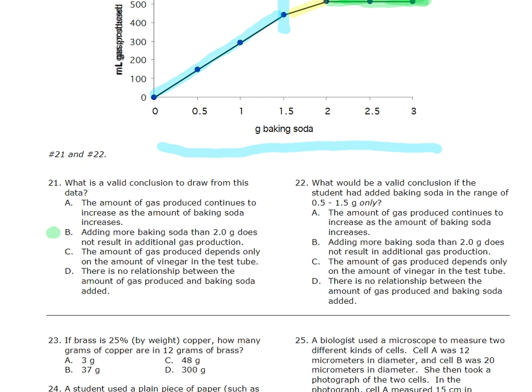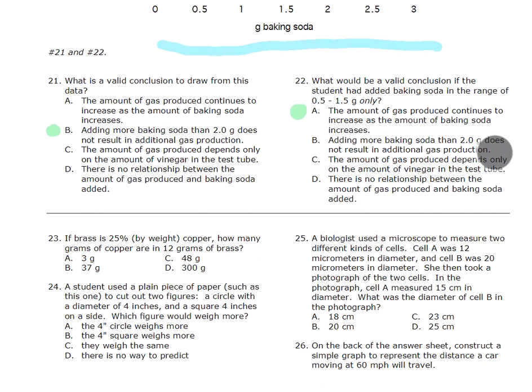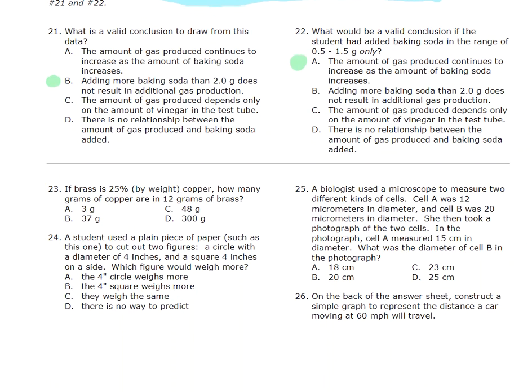What would be a valid conclusion if the student had added only between 0.5 and 1.5 grams of baking soda? And so then we could go back and make that conclusion A, that the amount of gas produced was dependent on the amount of baking soda.